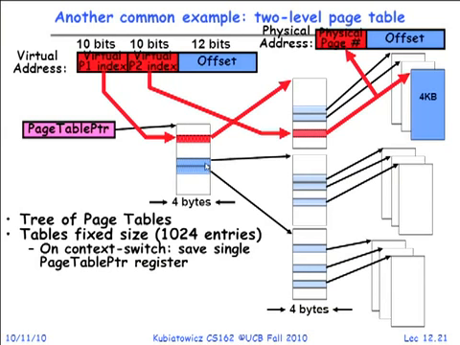Yes, question? Well, it has to be marked invalid. It has to be actually marked invalid because the hardware is walking this page table. So you need to make sure that if you look that item up, the hardware will fault. Right, so you have a separate bit to distinguish that this is a disk page number.